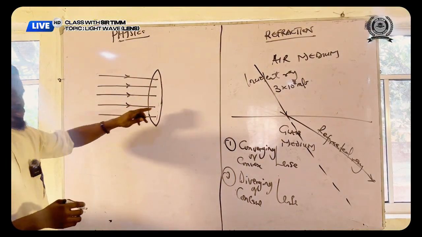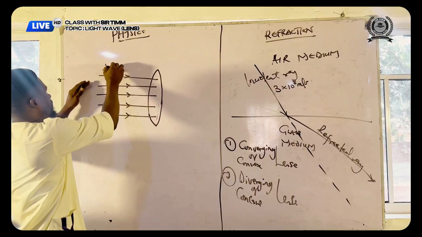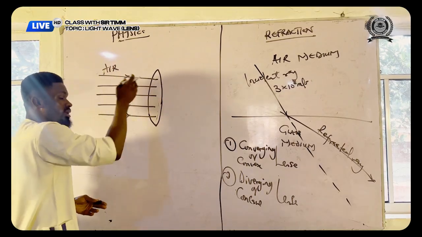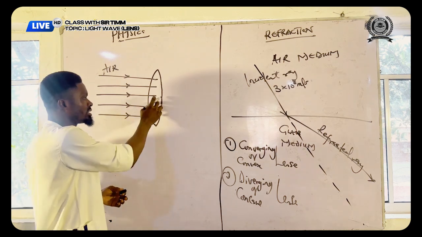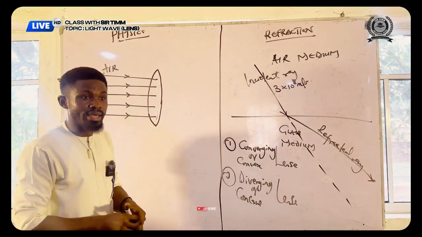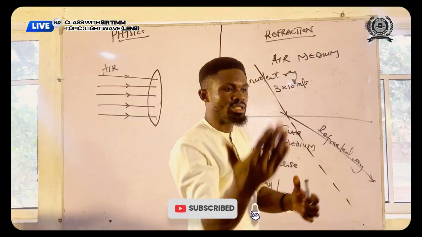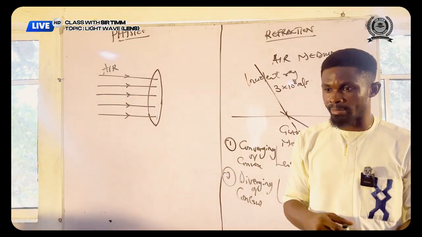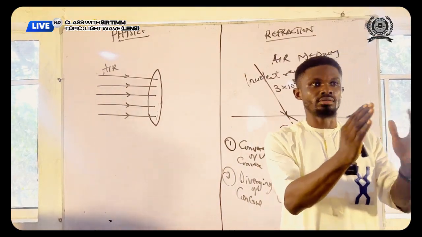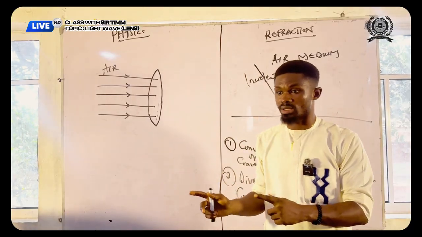Once they hit here, they were coming from air, true or false? Once they hit here, they will not go back because this is glass. It's not like a mirror that you coated on one side and the light is coming on that barrier. Am I communicating that will go back or something?